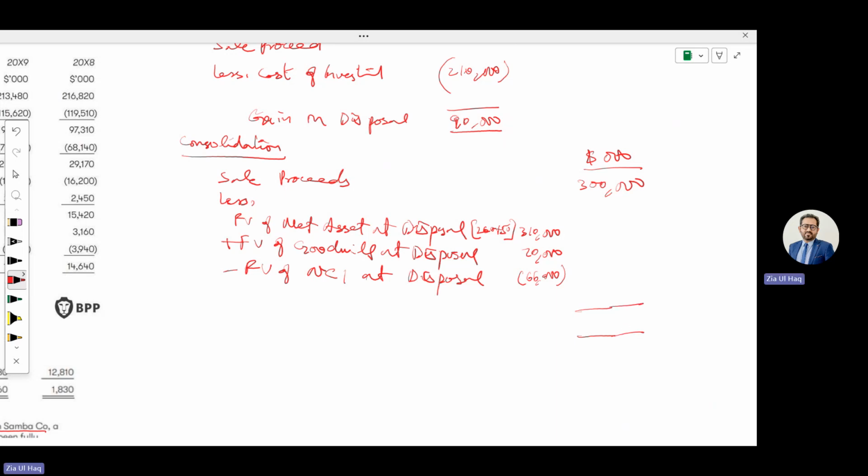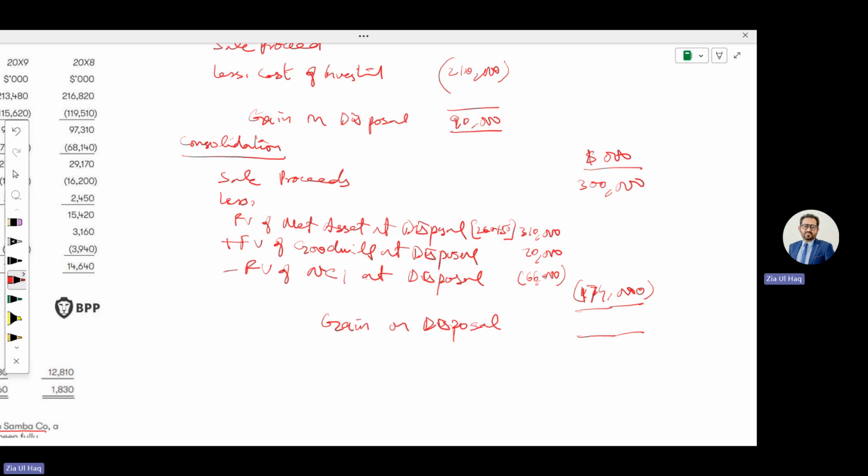And if we deduct 174 from this sale proceed, we will arrive at gain on disposal. That should be recorded in consolidated financial statements. And that is what? Gain or loss?